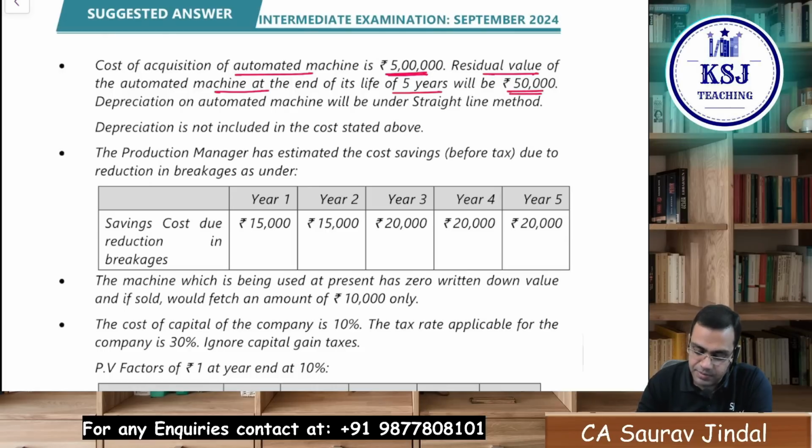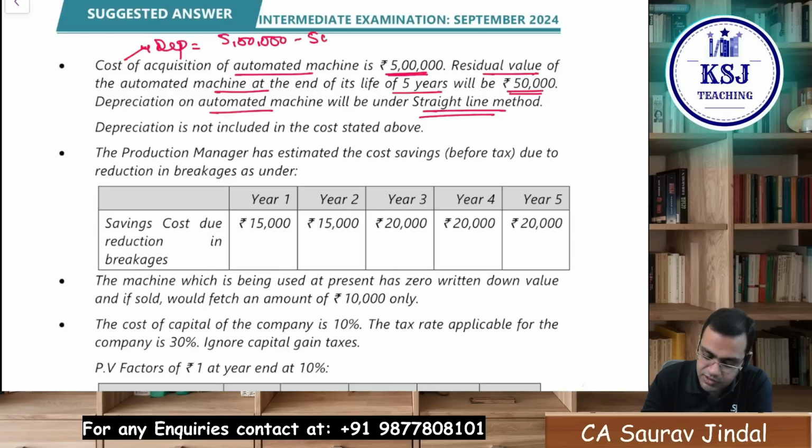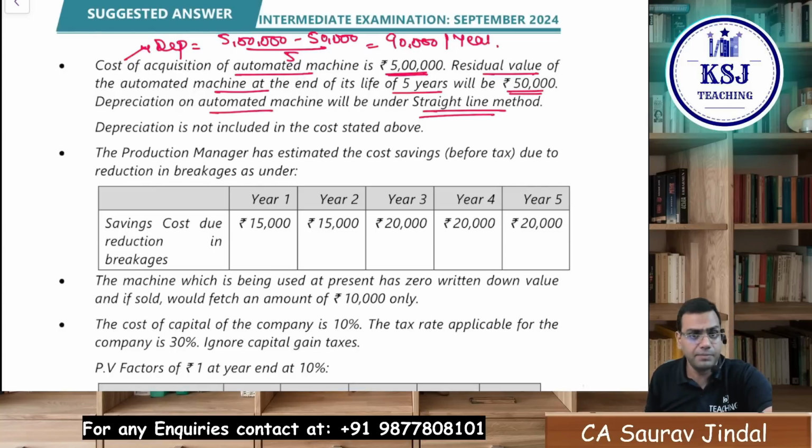The depreciation on the automated machine will be under the straight line method. So can you tell me the amount of depreciation every year? 5 lakh is the cost of the machinery minus 50,000 scrap value, divided by 5 years. So it will be 90,000 rupees per year. This will be depreciation.